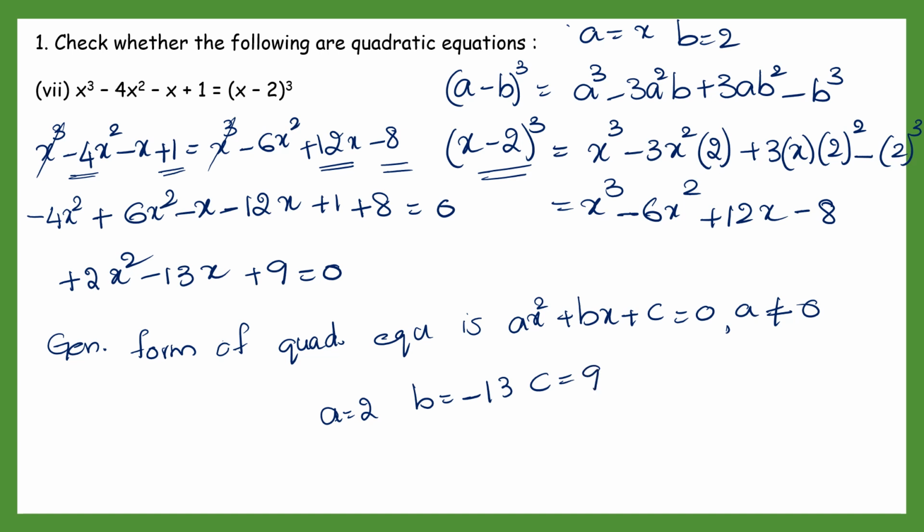We did not get any extra term. We did not get any x cube, x power 4. Just you have 3 terms, 2x square minus 13x plus 9. a is not equal to 0, you got a is equal to 2. So the given equation is a quadratic equation.